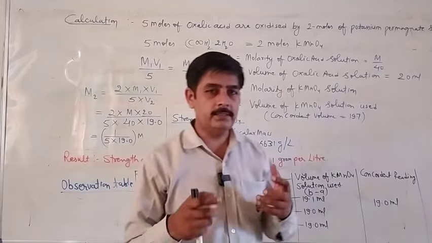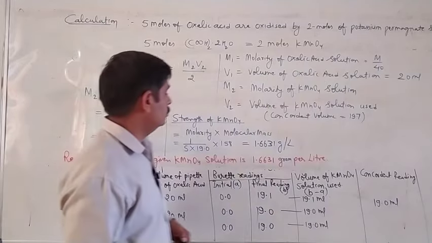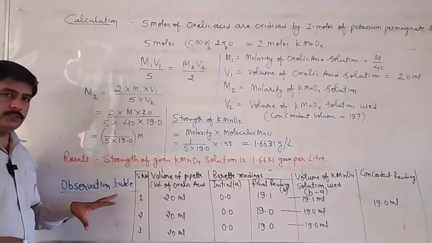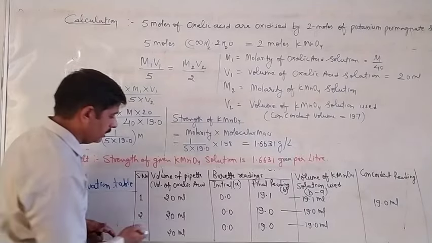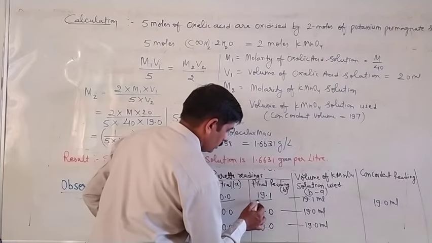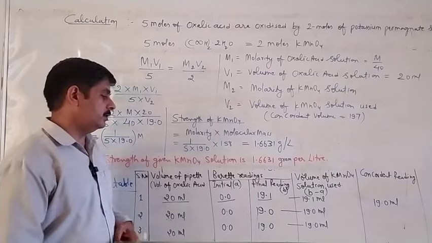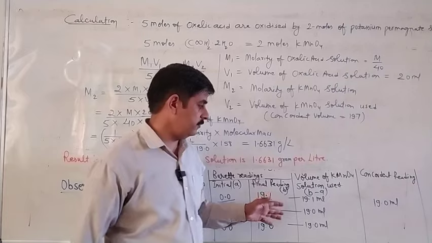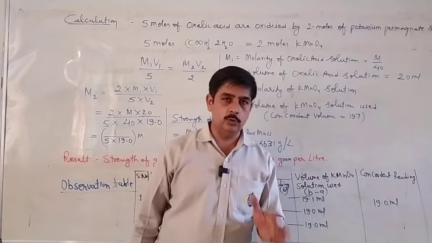Okay, so students, let's do the calculation. Before that, just see the observation table. The first reading I took in front of you, in which we got the value 19.1 ml. It is the volume of KMnO4 solution used.